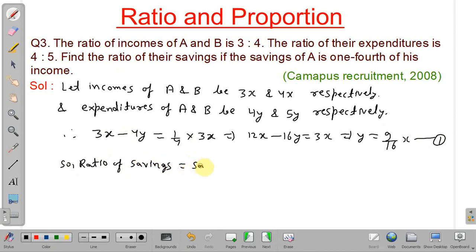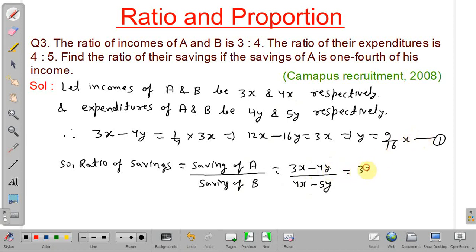So saving of A divided by saving of B, and A saving will be 3x minus 4y, divided by saving of B, which will be 4x minus 5y. So we can substitute y from 1.